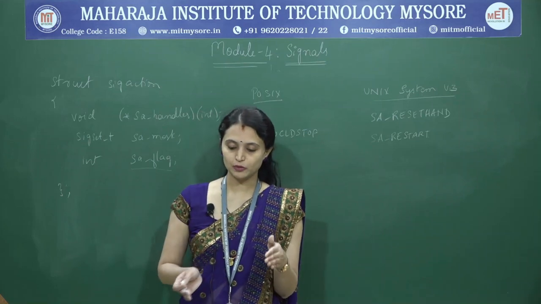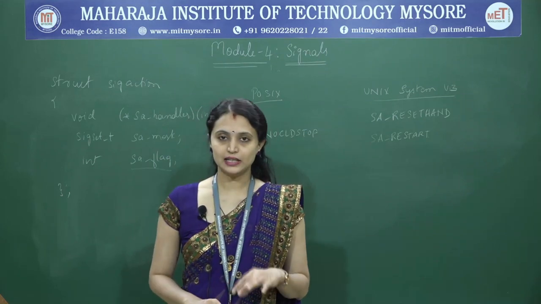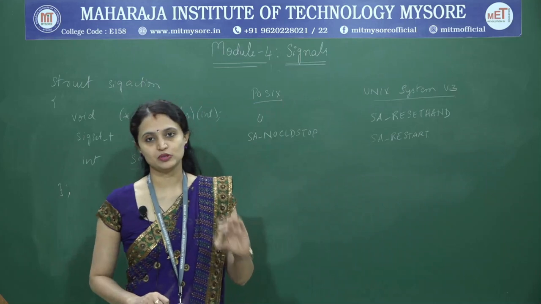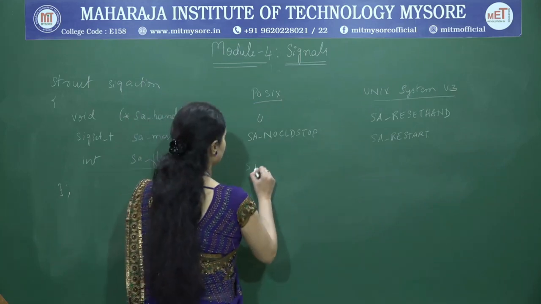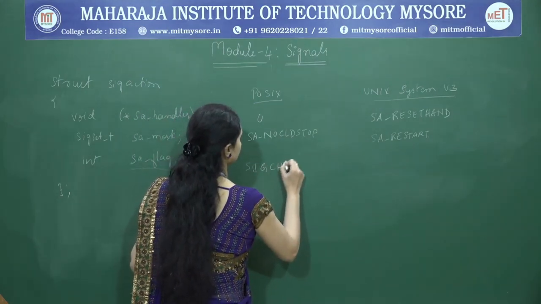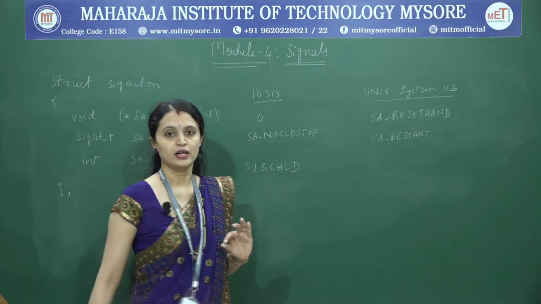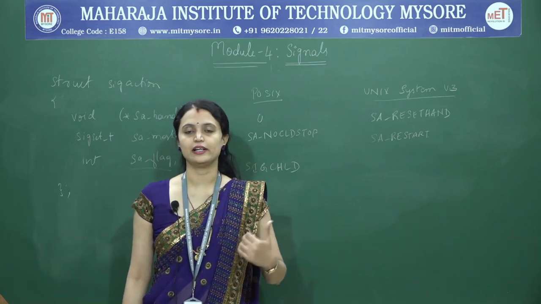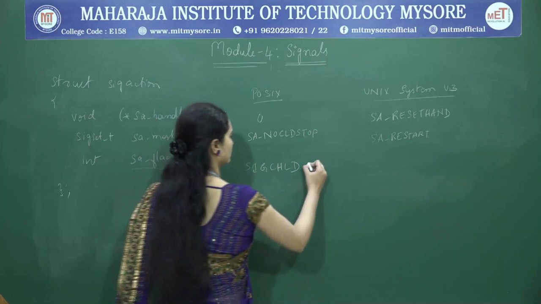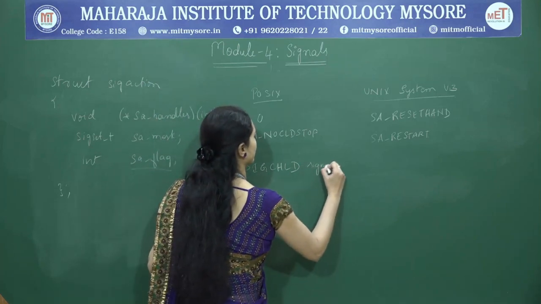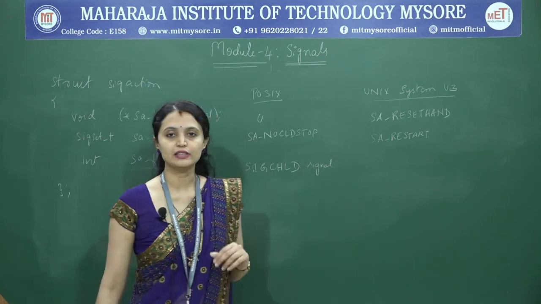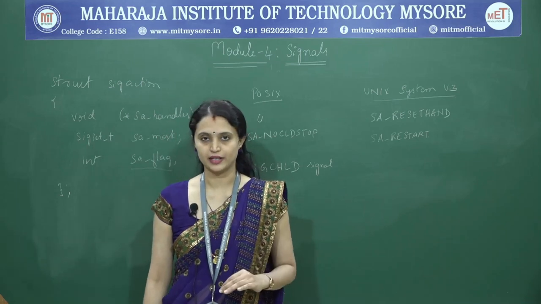Okay. So if the child process has got terminated, in that case the parent process will be notified with the SIGCHLD signal. Okay. So this is whenever the child process is terminated.